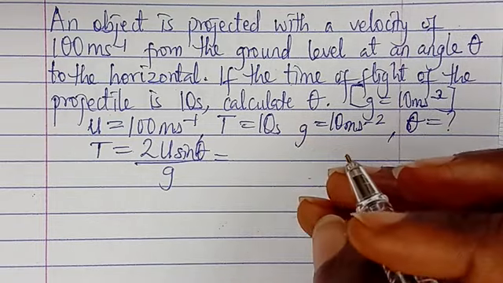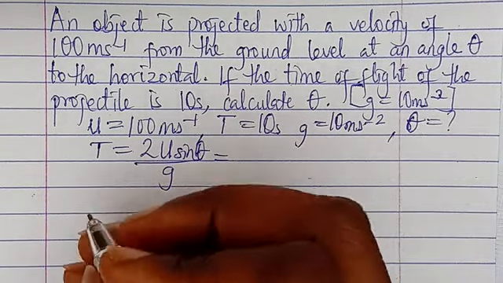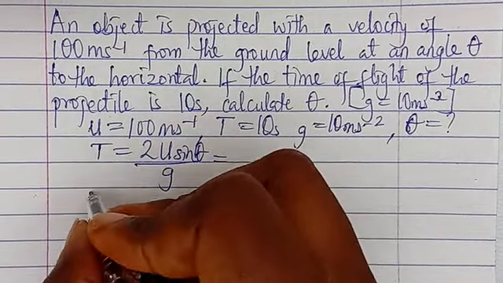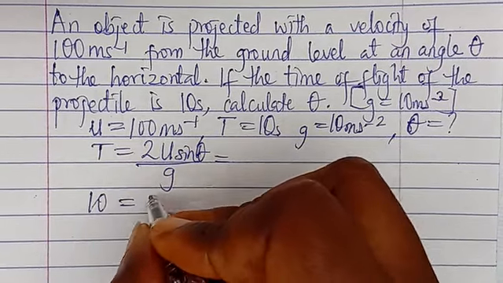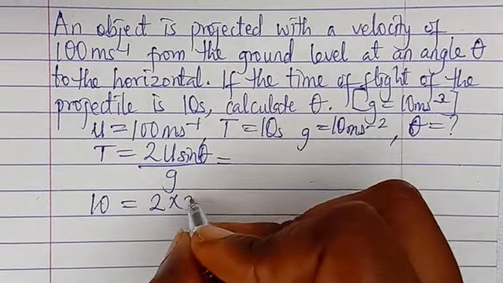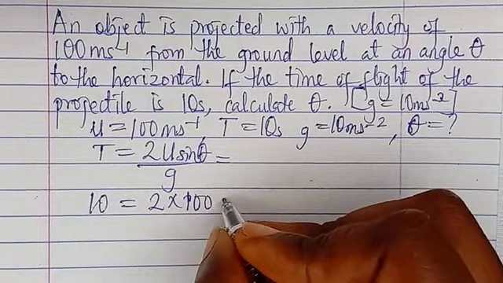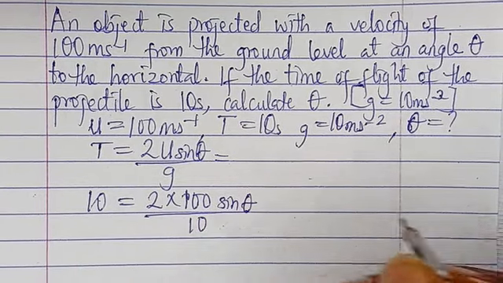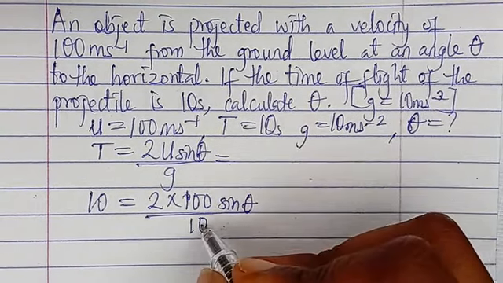We substitute. So when we substitute, we have that T, 10, is equal to 2 times 100 sine theta, looking for that, over 10, g.